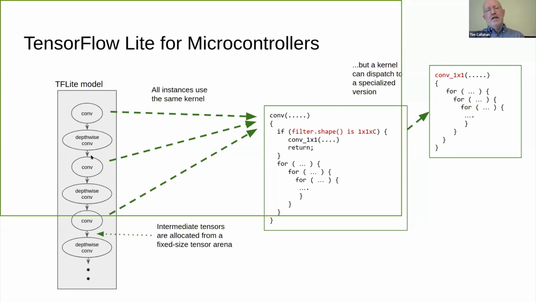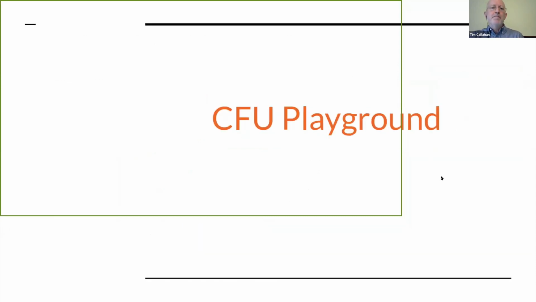Every instance of, say, a convolution maps to the same kernel, which usually points to a more generic one, but it can detect, say, there's something special about this, and I'm going to write a specialized version. So in this case, we see that the filter shape is 1 by 1, and that lets you eliminate a couple of those loop nests that I talked about. So it's a much simpler routine, and you can dispatch to this specialized one, and we're going to exploit that.